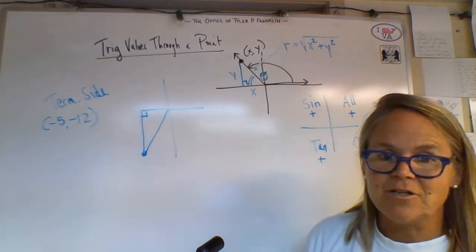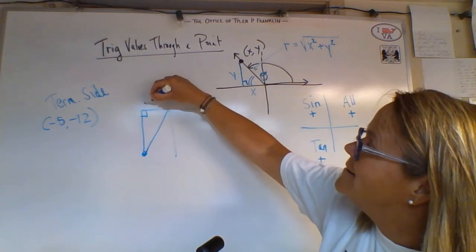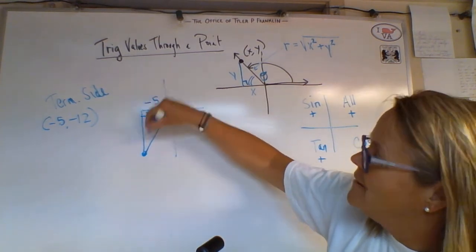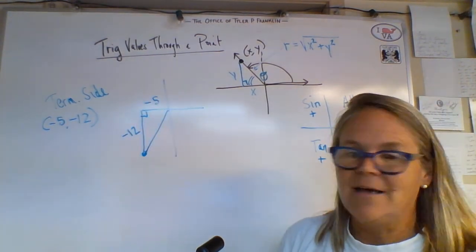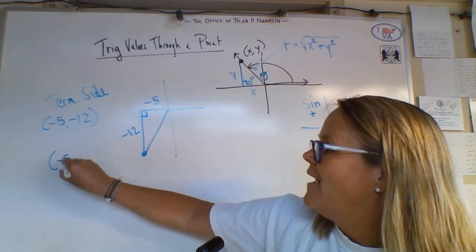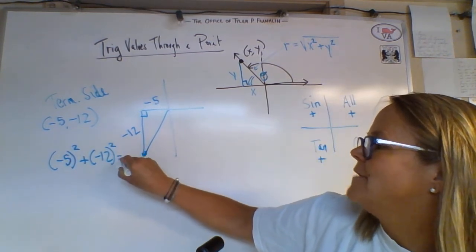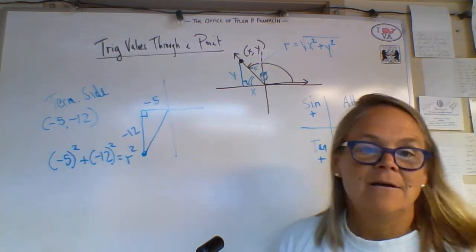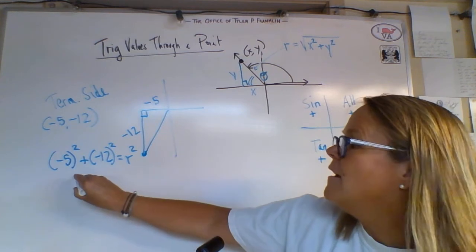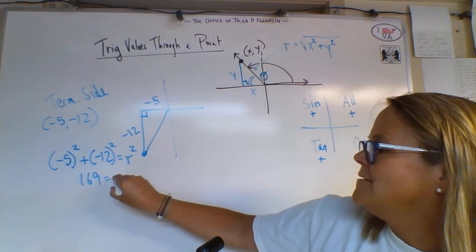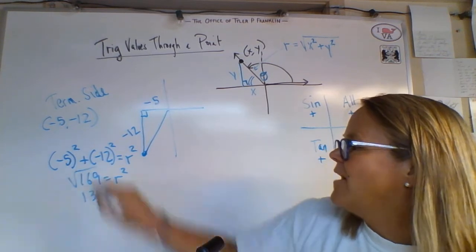Think of your sides: you went left 5, down 12. You need the hypotenuse. a squared plus b squared equals c squared, so r squared is 25 plus 144, which is 169. The square root is 13. If you knew this one, it's 5, 12, 13.